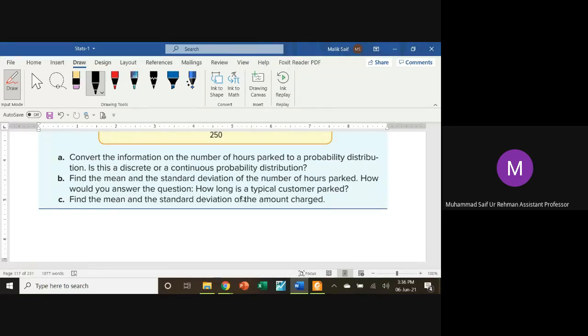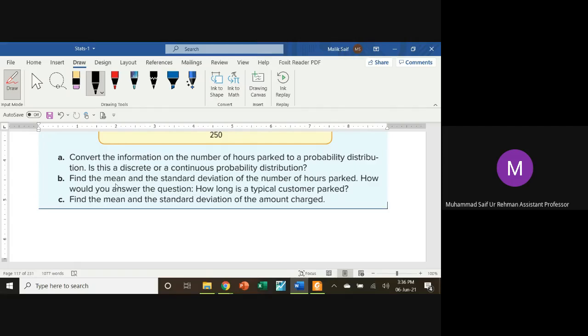How long did a typical customer park? Typical means average. On average, a customer parked a car for how many hours? For that, you will definitely need the mean. Find mean and standard deviation.